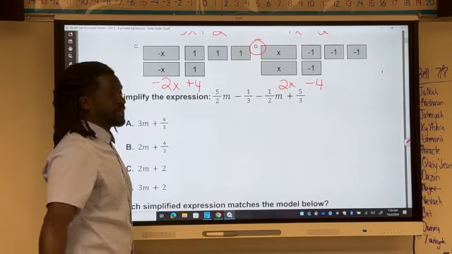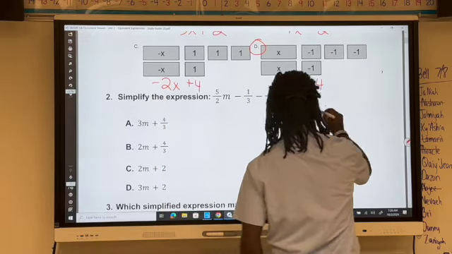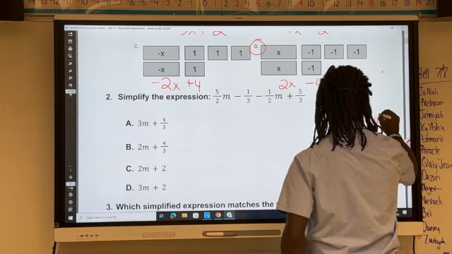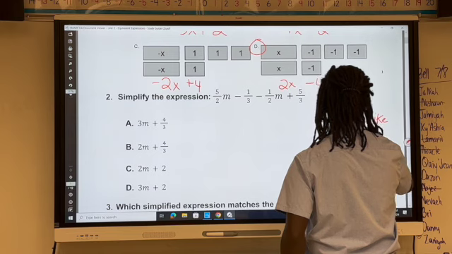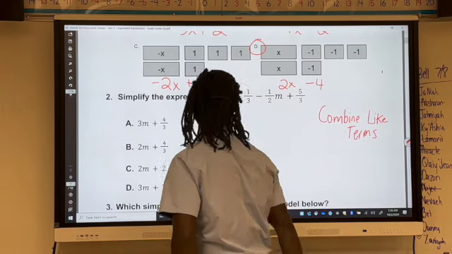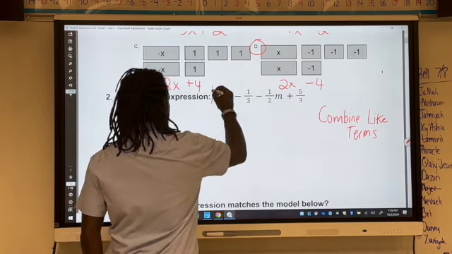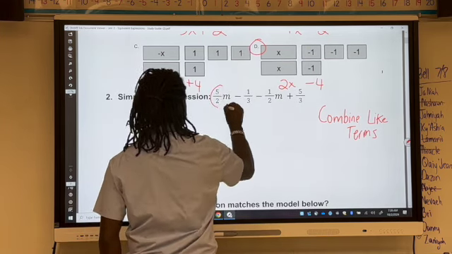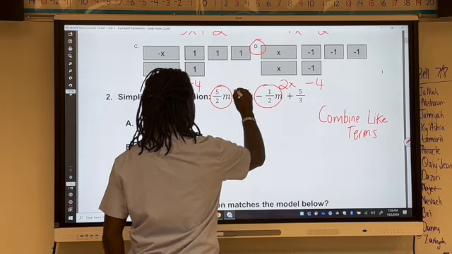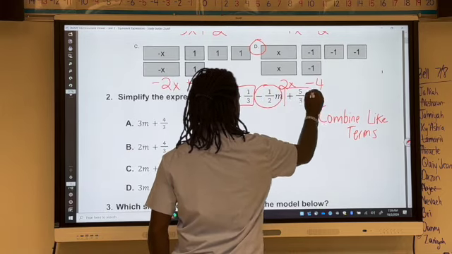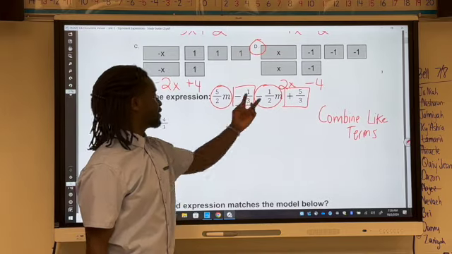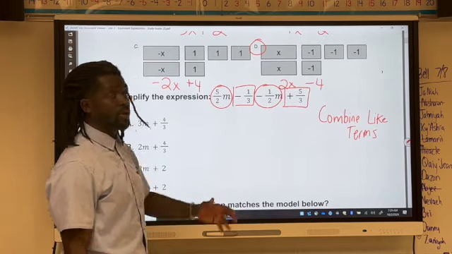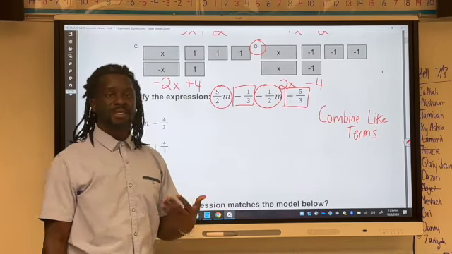So to simplify this expression, I'm going to combine like terms. Okay, so that is what I have to do. I'm going to circle all of my variable terms. Then I'm going to box my constants. Okay, and then I'm putting the two variable terms together. Now, I know we didn't do a whole lot of fractions, but this is the same.